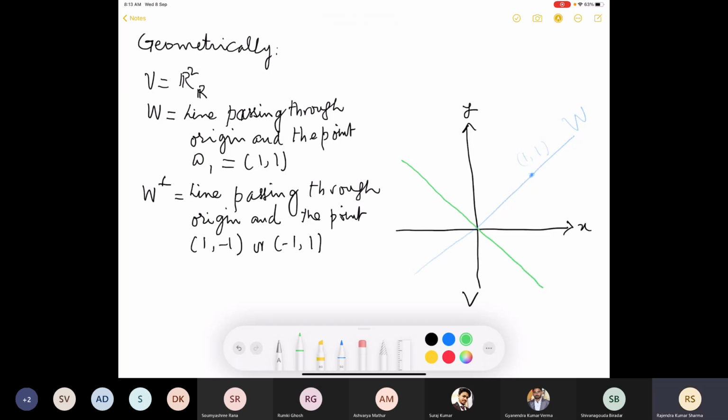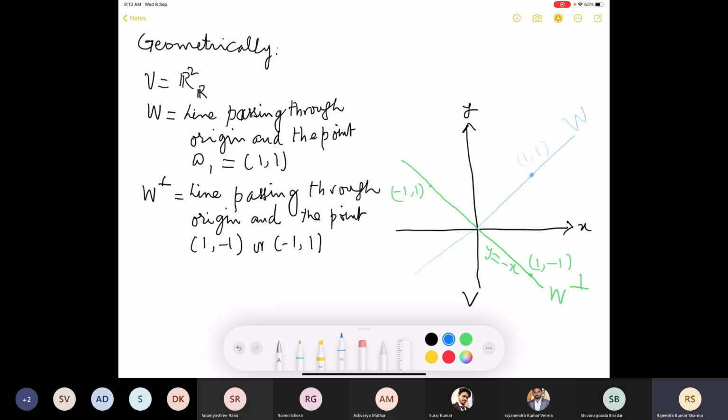So this is the point here corresponding to this. So this point is 1, minus 1. Likewise, you can see that this point here is 1, 1. This is W orthogonal, and this is the line y is equal to minus x.